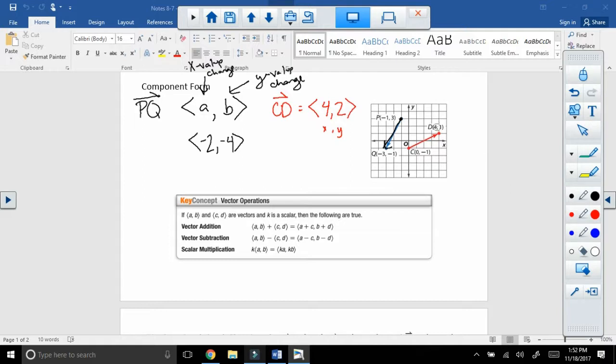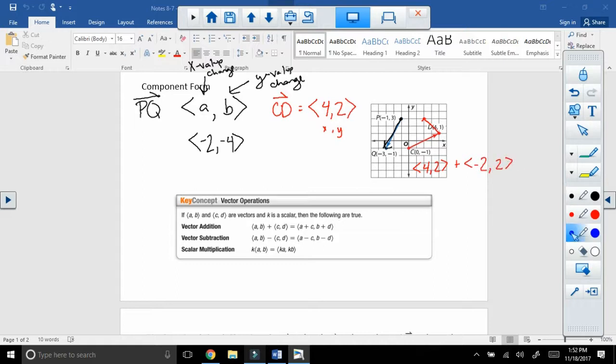So actually for this graph, let's say that this first vector we were going over to the right 4 and up 2, and then let's say I have another one where I go back like this, and I want to see how those add together. So this first one is 4, 2. That next one would be -2 and +2.